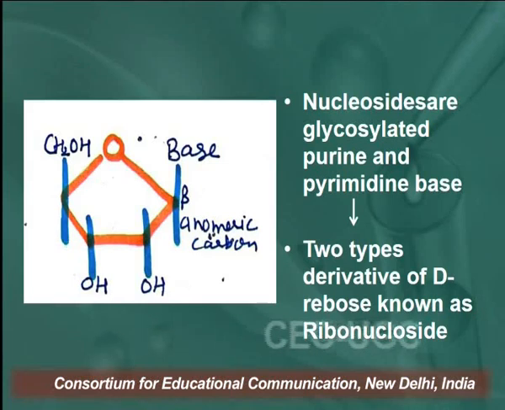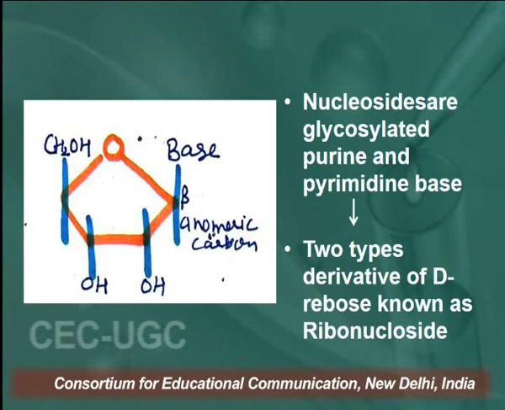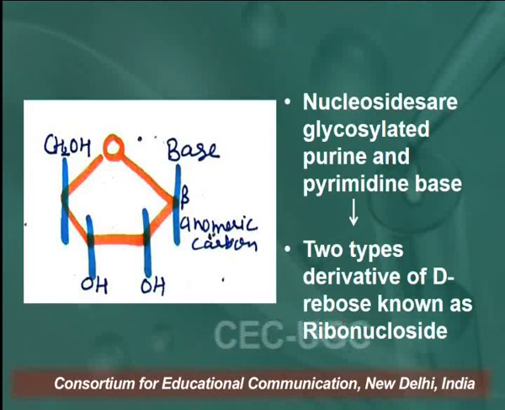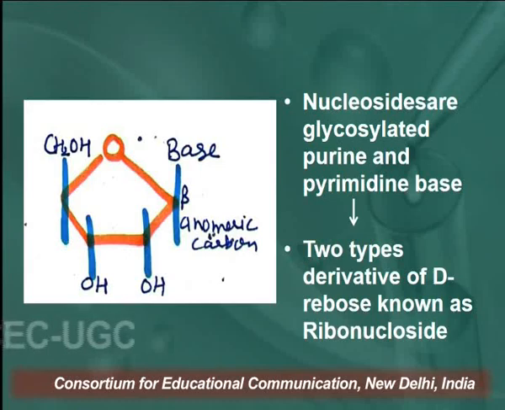On your screen you can see it is a glycoside. Clearly you can see it is a pentose sugar, and the anomeric carbon, that is the beta carbon, is attached to the base. There are two types of these pentose derivatives, one is ribonucleoside, the other is deoxyribonucleoside. Next to the anomeric carbon, at carbon 2, when this OH is replaced by H, we call it deoxyribose sugar.